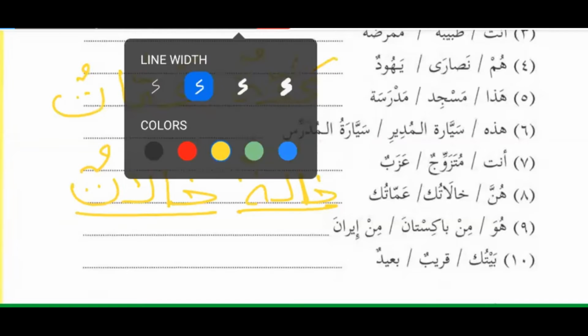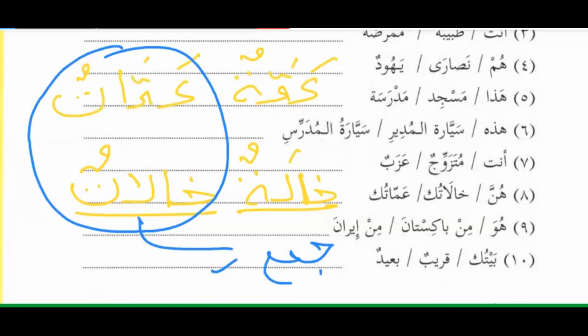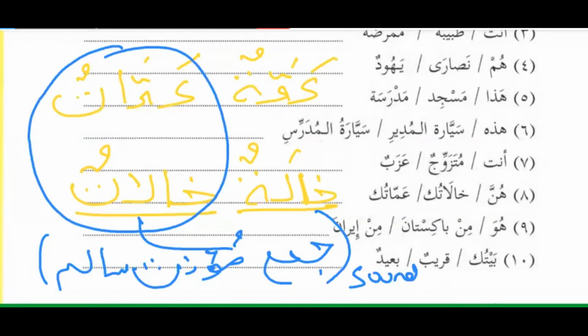What is this configuration called? Jama muannas salim, the sound plural female. This we have studied and we will be studying inshallah in this book and in the next book.